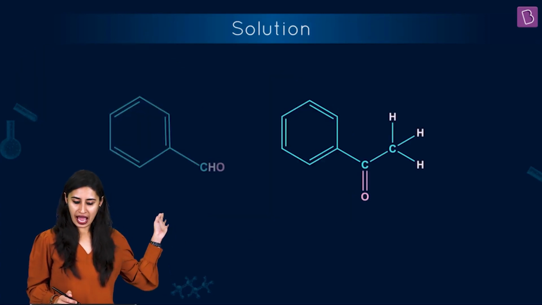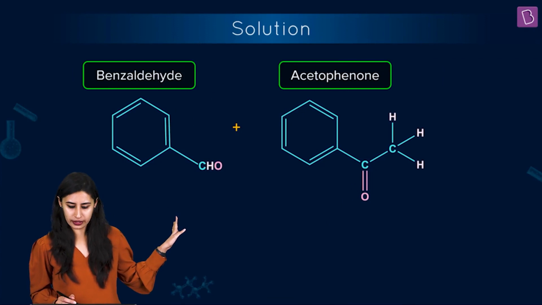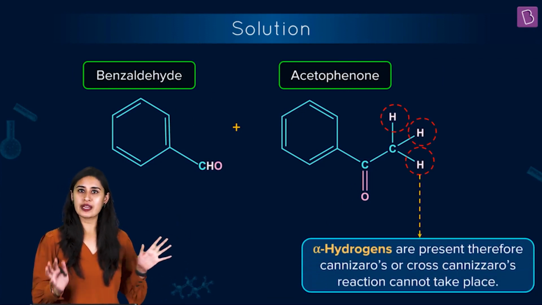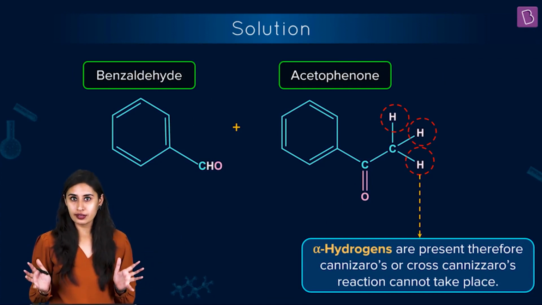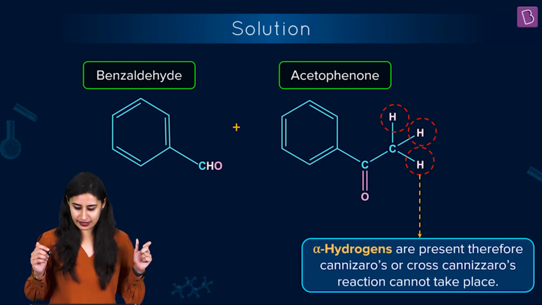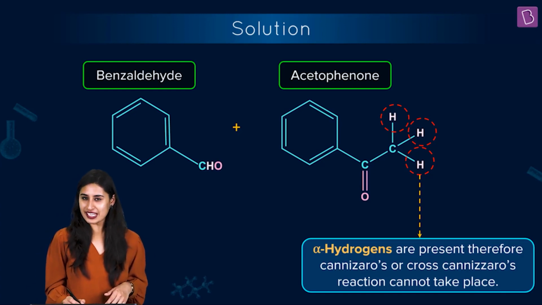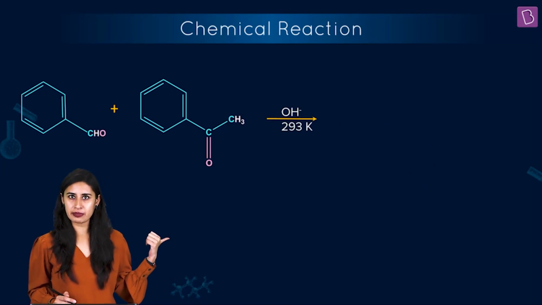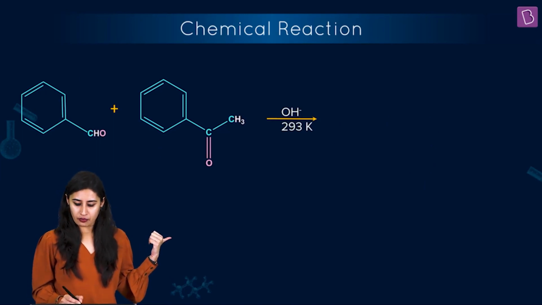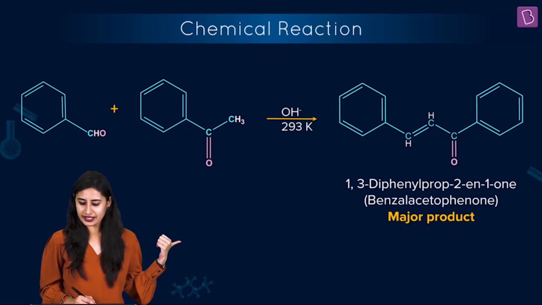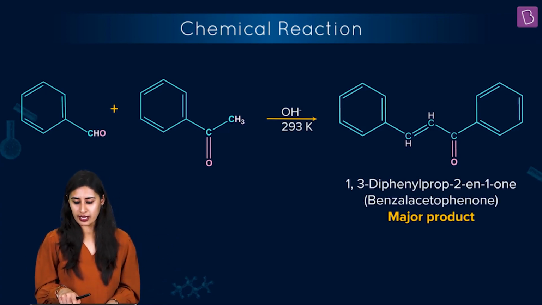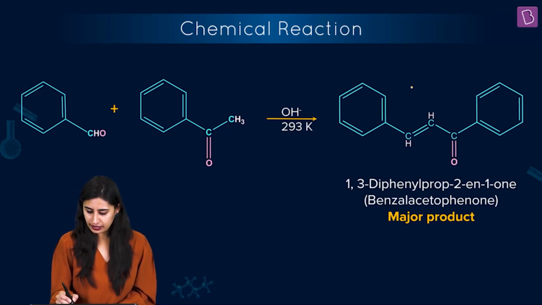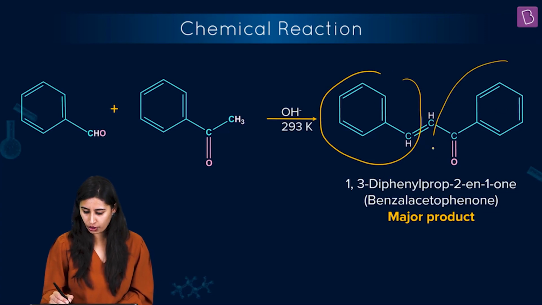So in our case, we had benzaldehyde and we had acetophenone. We know that in acetophenone there is alpha hydrogen present, which makes it eligible for the cross aldol condensation. So let's see how the reaction is going to happen. In the presence of the basic medium OH minus, you get this major product, benzyl acetophenone.